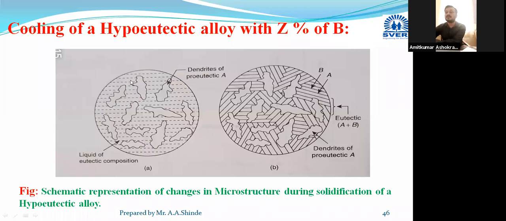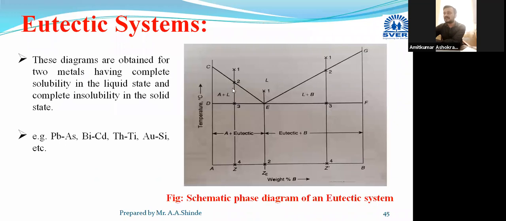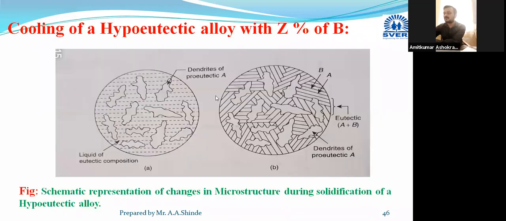In 1 to 2, only this dotted portion will be there. But now in 2 to 3, A separates out with liquid. This is element A, and the remaining amount of liquid.